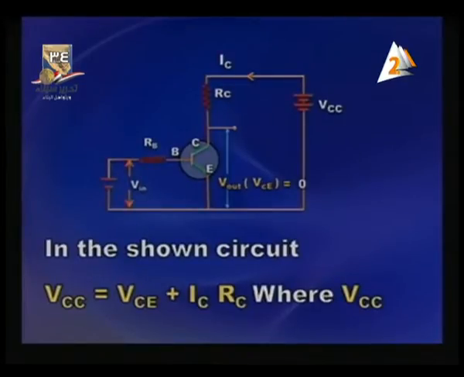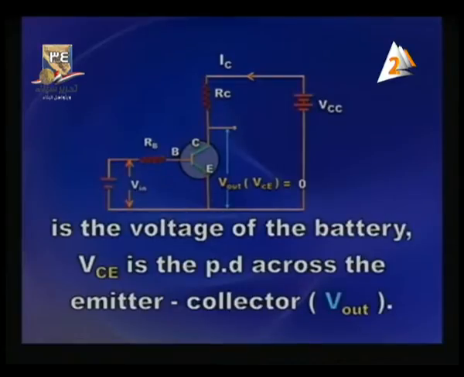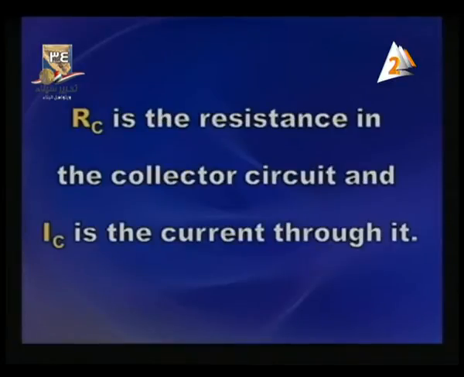It is quite clear now that the base is connected to a positive battery, so there will be a current in the base, and of course there will be a current in the collector. As I said, VCE is the potential across the emitter collector, and it is the V out. RC is the resistance in the collector circuit, and IC is the current passing through it.